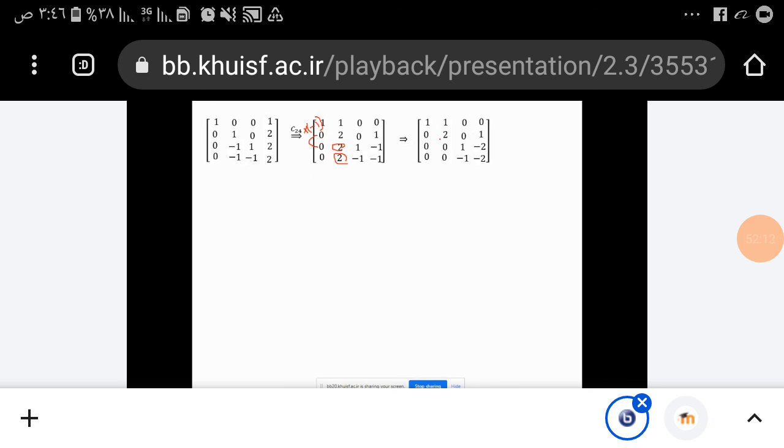For the second row, -1 times this row plus this one: 0, 0, -1 times this one will be 0 plus 1 will be 1, -1 times 1 will be -1 plus -1 gives -2, and the fourth row can be calculated here.